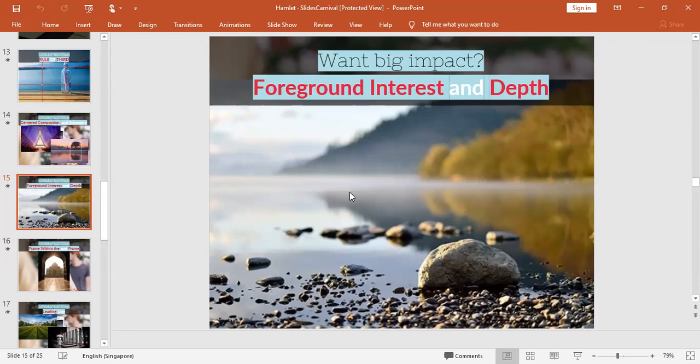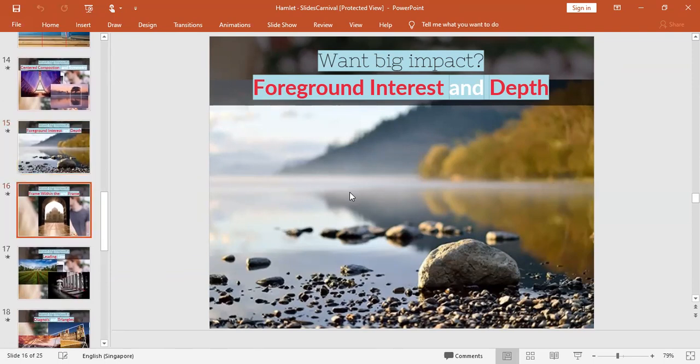Say you take a photograph of a building: when you focus on the floor more than the roof, that would be a foreground. It also shows depth.